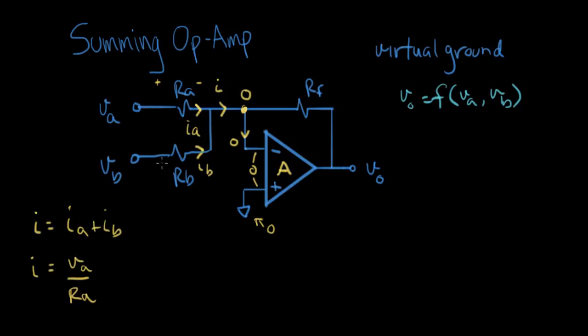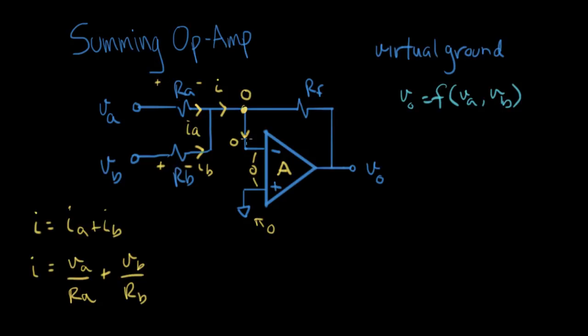IB, we look at this voltage here. This voltage is VB minus 0, or just plain VB over RB. All right, so that's one step. We've written this current in terms of what's going on the input side over here.